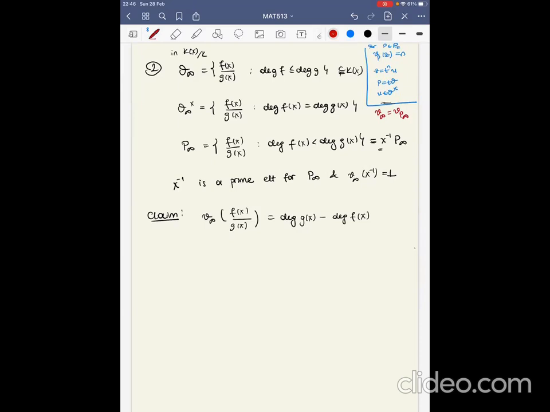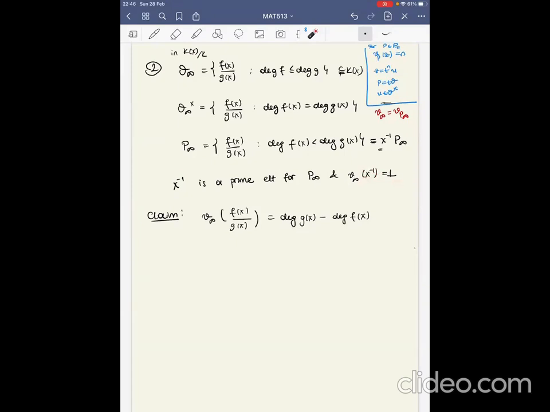In general, given a place, we can define the discrete valuation map depending on the powers of the prime element in their representation. So by the definition, we can easily see that the valuation V infinity of X inverse is 1.